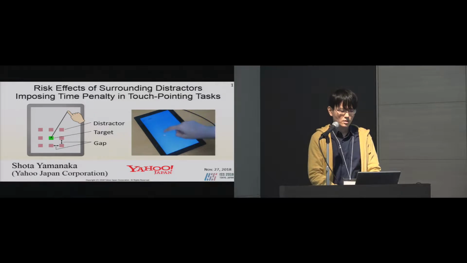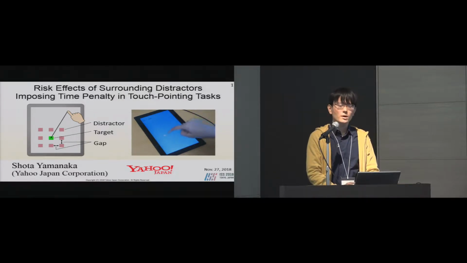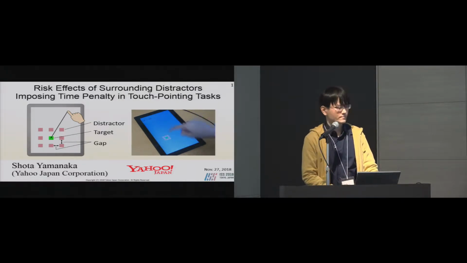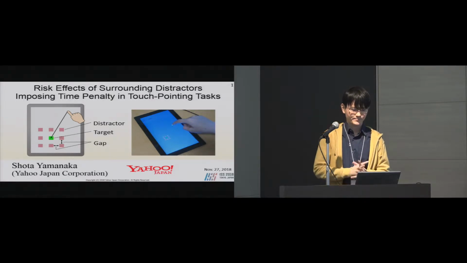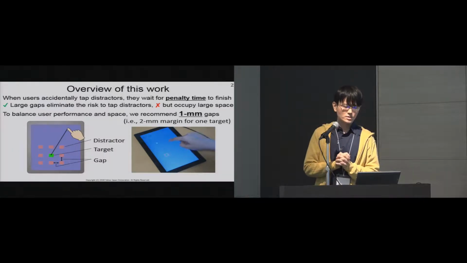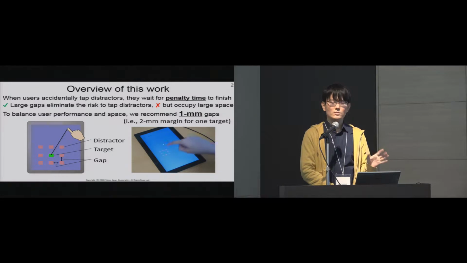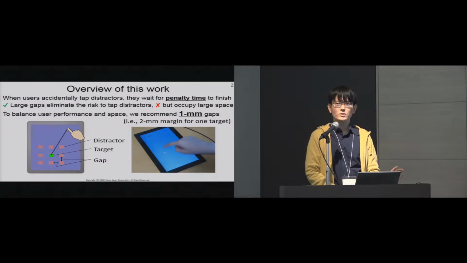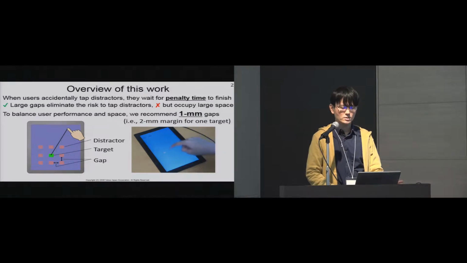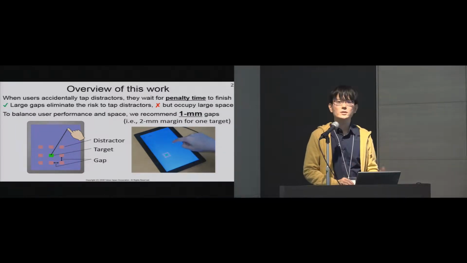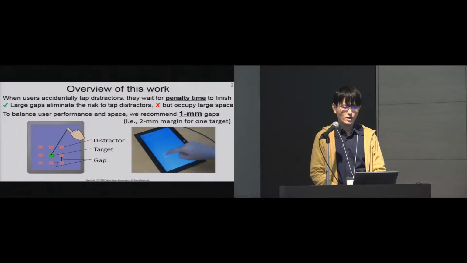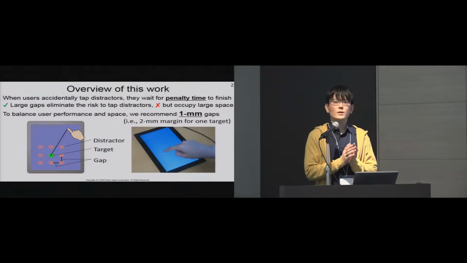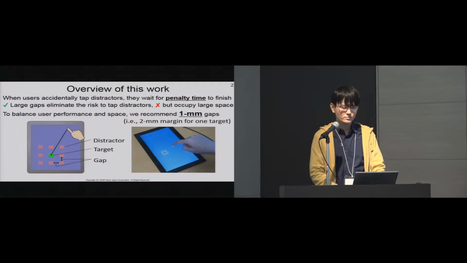In this study, we analyzed touch pointing performance with distractors. Users have to tap the green target, but when users tap pink distractors, users have to wait for a penalty time to finish. So users should avoid tapping distractors.